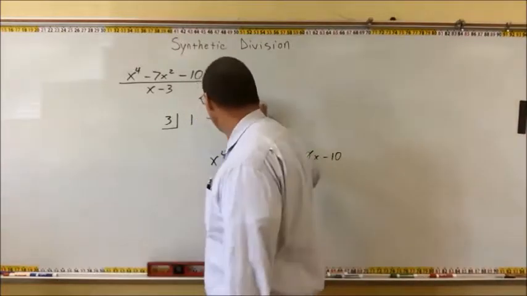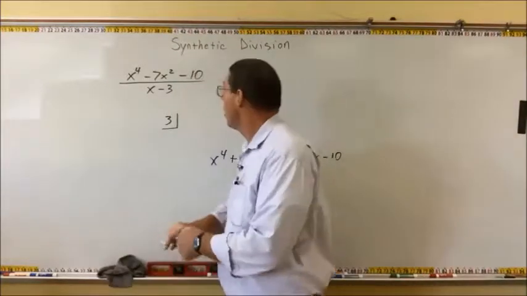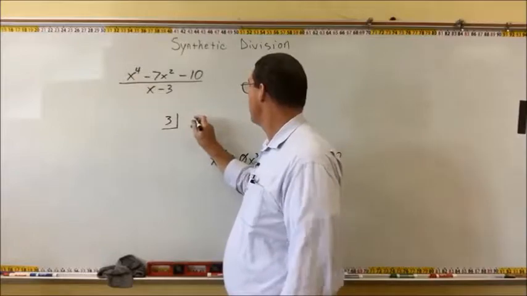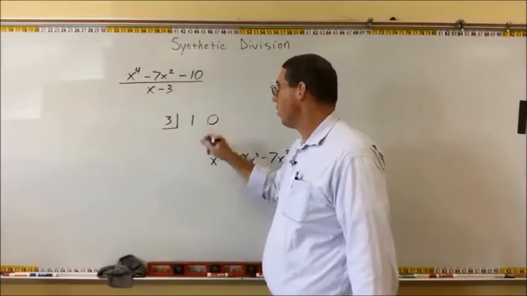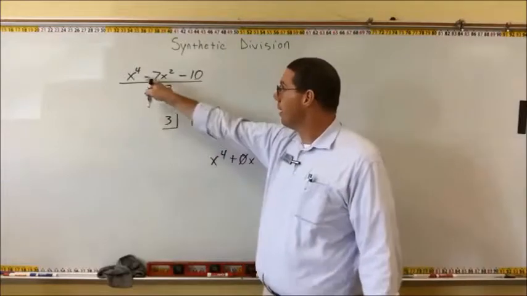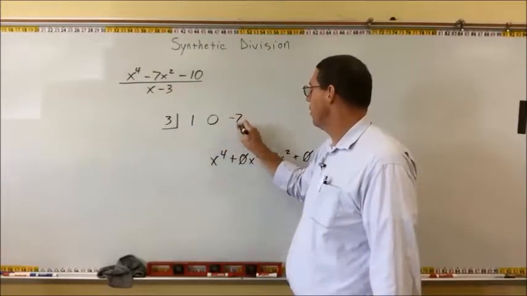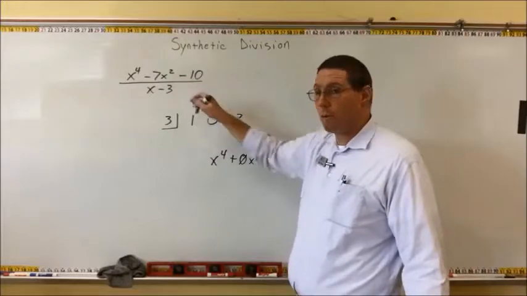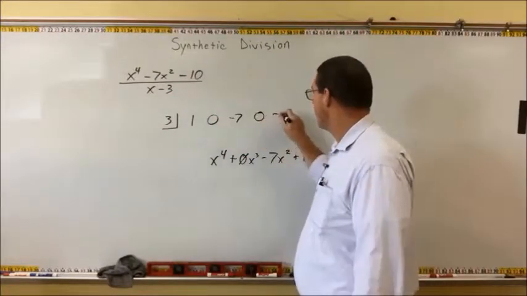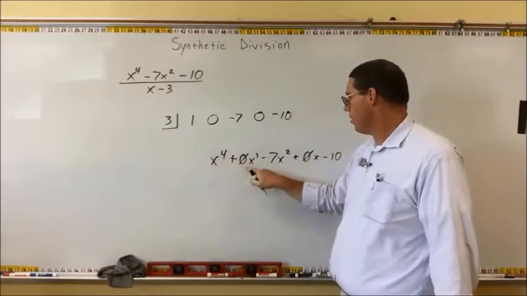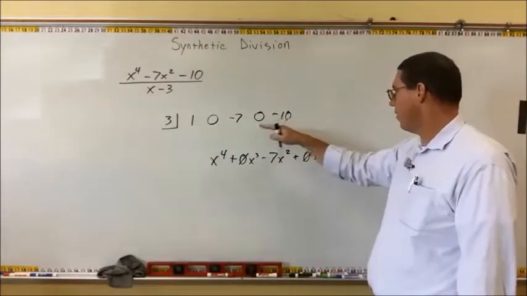So what you would actually have to write here is 1. There's no x cubed term, so we have to put in a 0. Then a negative 7 for x squared. There's no x term, so we have to fill in with a 0. Then minus 10. See? 1, 0, negative 7, 0, negative 10.